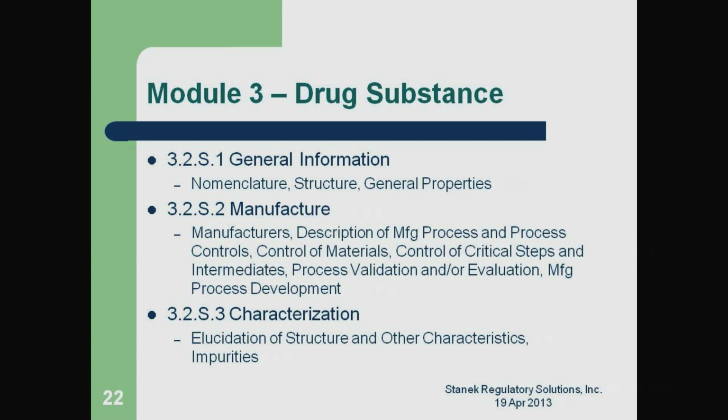The next section is your characterization section, elucidation of structure and other characteristics. For a more generic API, a simple IR scan versus the USP reference standard may be all you need, but for a new chemical entity, you'll certainly need more studies, NMR studies, more characterization of your material.